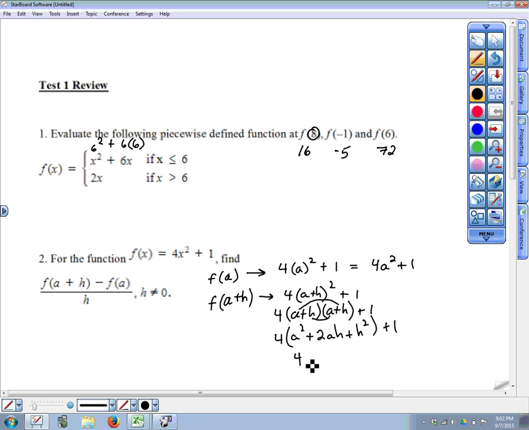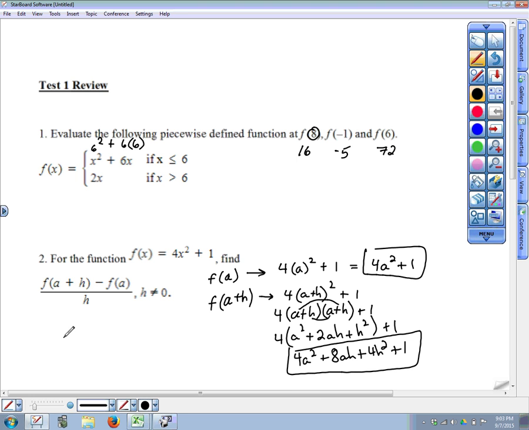And then distribute the 4. And there aren't any like terms there to combine. So that's f of a plus h, and here we had f of a.